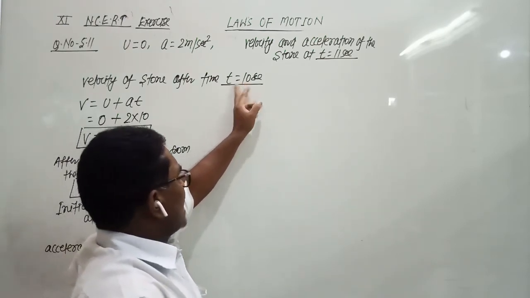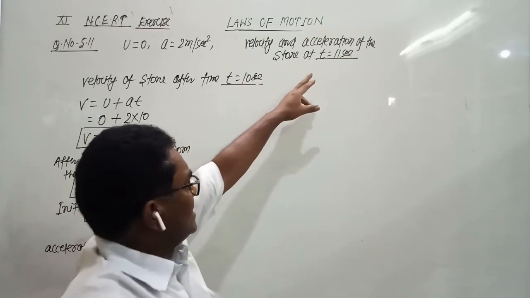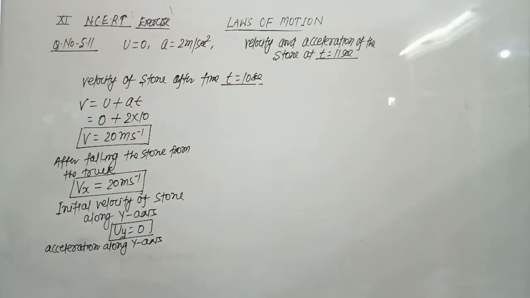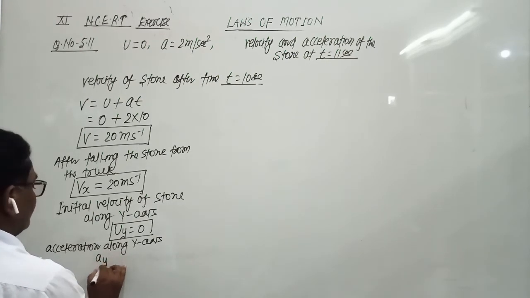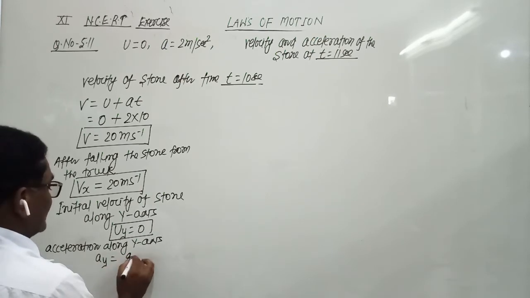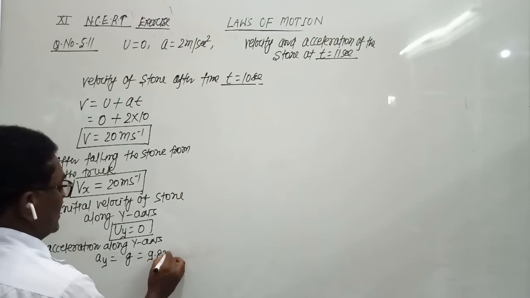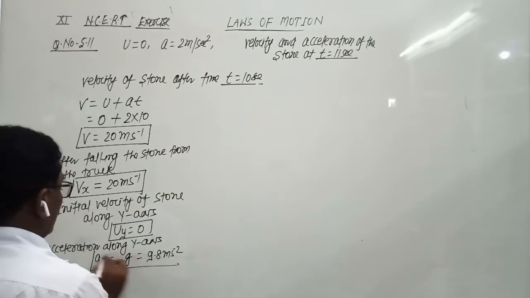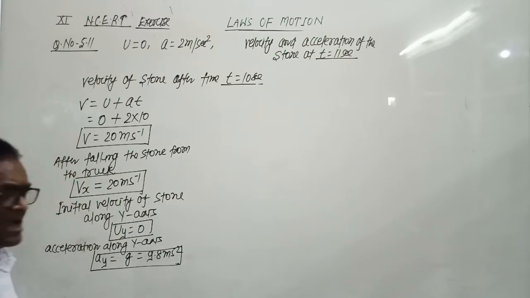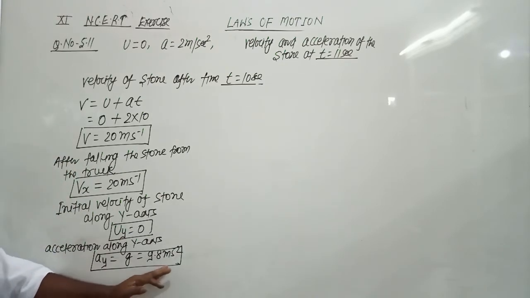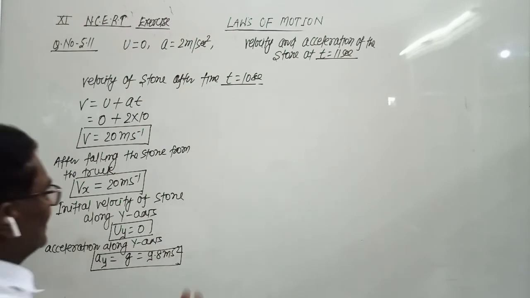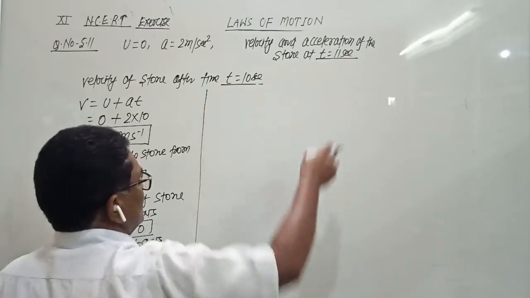It was dropped at time t equals 10 seconds, and at t equals 11 seconds we have to find the velocity. So the acceleration of the stone along the y-axis, ay, equals the acceleration due to gravity, which is 9.8 meter per second square. Along the y-axis, the acceleration acting is the acceleration due to gravity, because the stone is in contact with gravity.